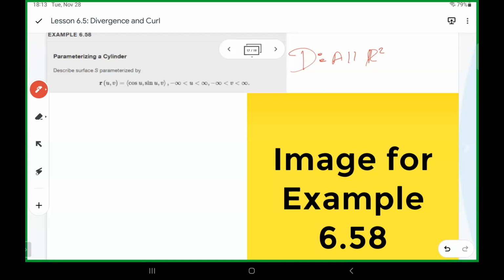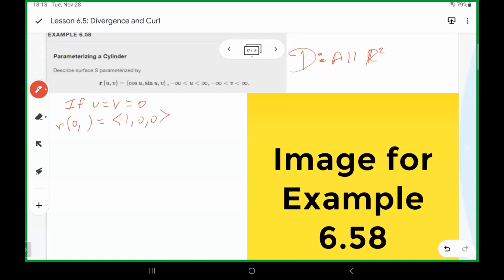So if u equals v equals 0, then you would have r(0,0), which would be (1, 0, 0). So the point (1, 0, 0) is on S.